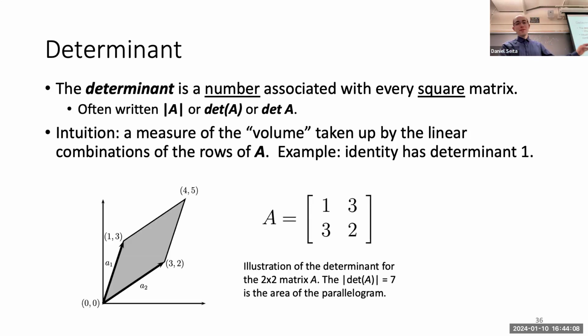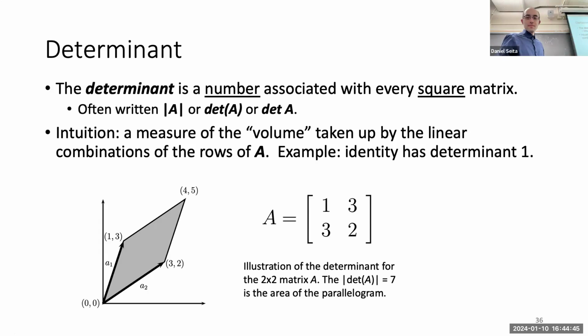So here's an example. You have the matrix A that is 1, 3, 3, 2. The first row of A is 1, 3. The second row of A is 3, 2. If you form a parallelogram in 2D, then the area is the determinant.